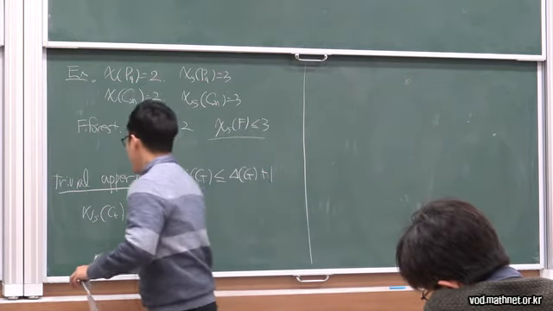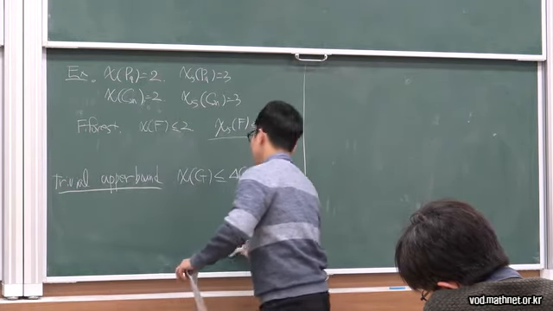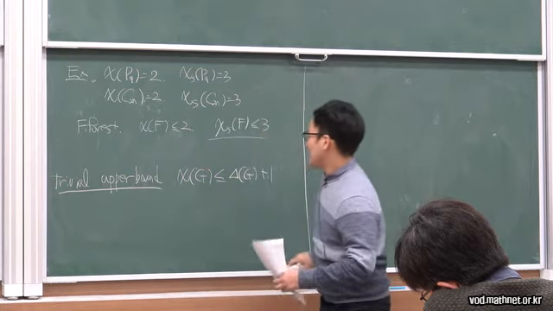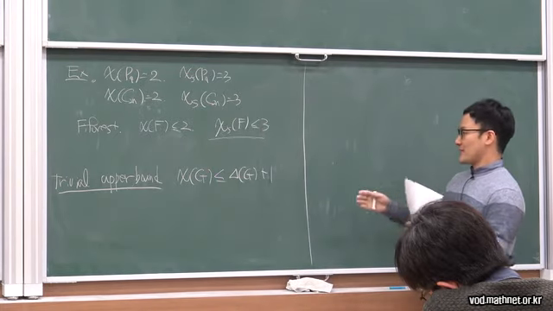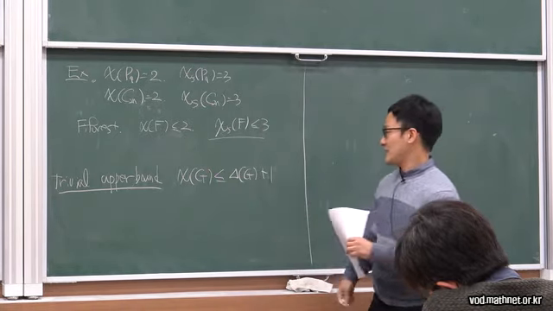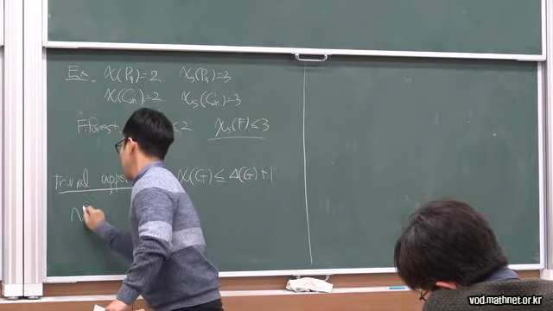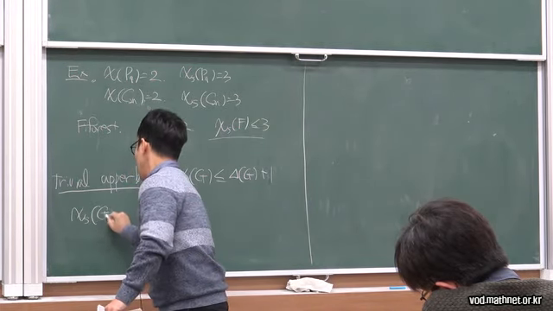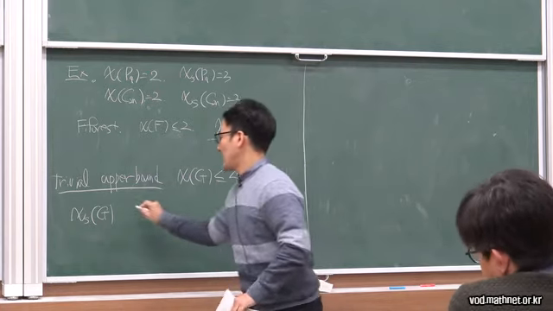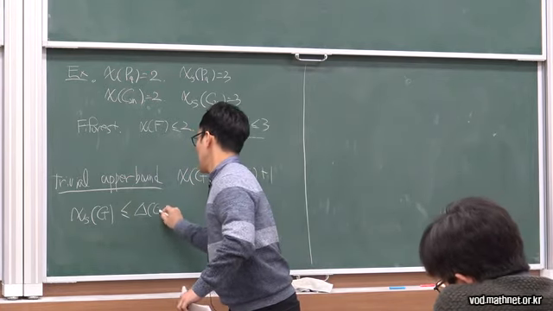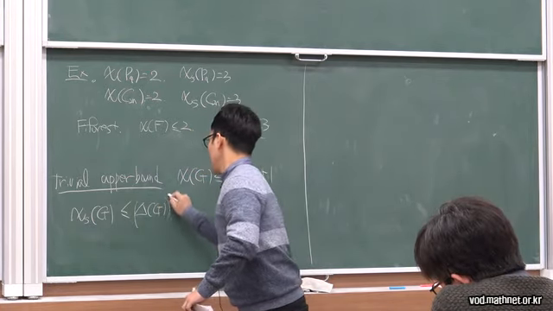But there is a very nice upper bound in terms of the maximum degree. So in general, the star-chromatic number of G is at most delta G squared plus 1.